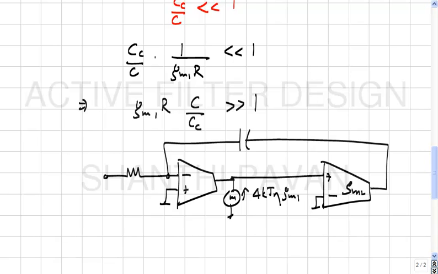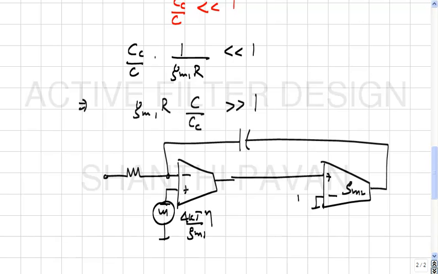This noise source can be modeled as an equivalent voltage noise, where if the transconductor is spewing out 4 kT eta Gm1, I can think of it as an equivalent noise voltage (4 kT eta by Gm1) in series with the input voltage source, right?